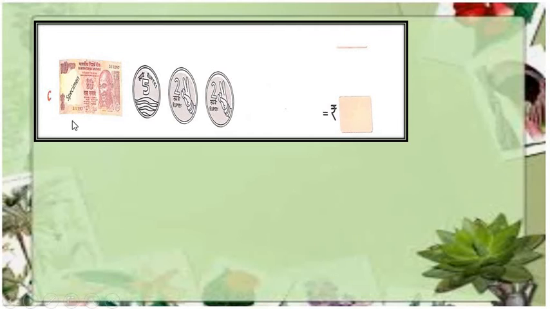Now see, here we have combination of notes and coins. See, what is the value of this note? This is 10 rupees note. 5 rupees coin, 2 rupees coin, and again 2 rupees coin.